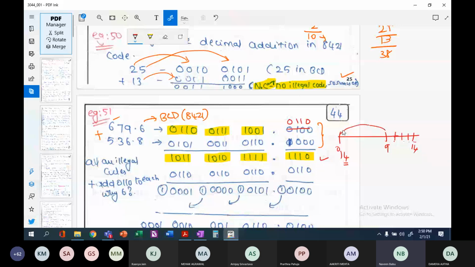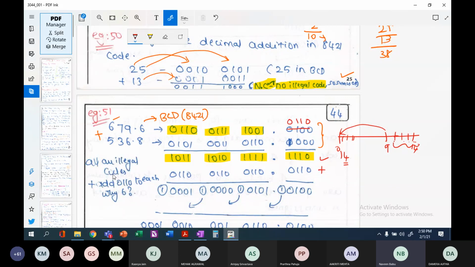After 9, you have to come back and revisit this particular scale. So 9 must be added with these invalid 6 bits so that you come across a valid number. Whenever you come across an invalid code, you add 6 to it, because 6 codes are invalid.